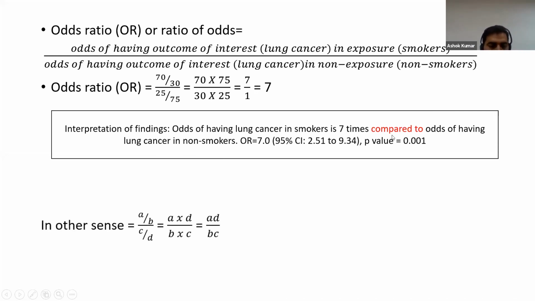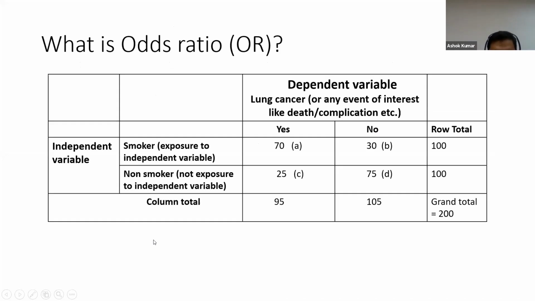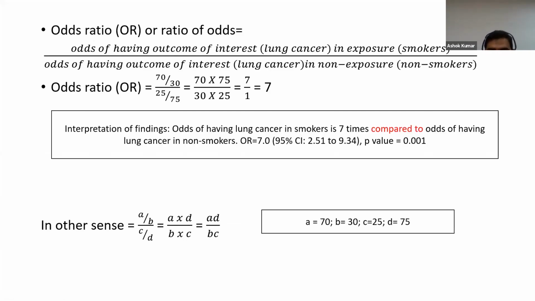Okay. So in other words, you can see here this picture and this picture. Please see here. This 70 is from the A cell, 30 is from the B cell, 25 is from the C cell, and 75 is from the D cell. You can see in this table: A is equal to 70, B is equal to 30, C is equal to 25, D is equal to 75.